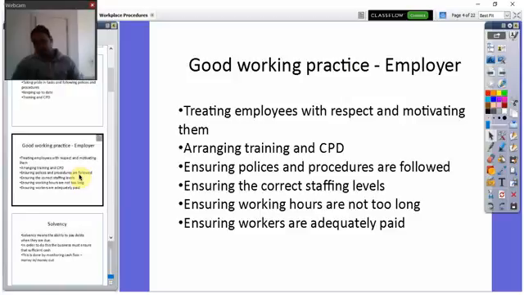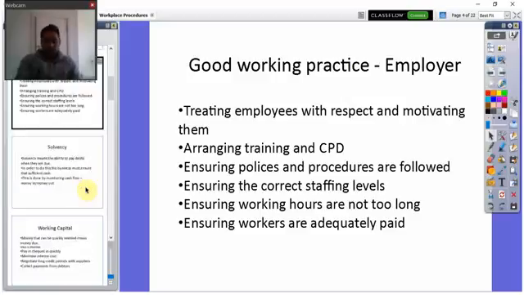On the flip side, if you've got overstaffing, then staff may feel bored and want to leave, feel that they're not valued in their business. Ensuring working hours are not too long, ensuring that workers are adequately paid. Obviously, all these policies will help to motivate an employee.